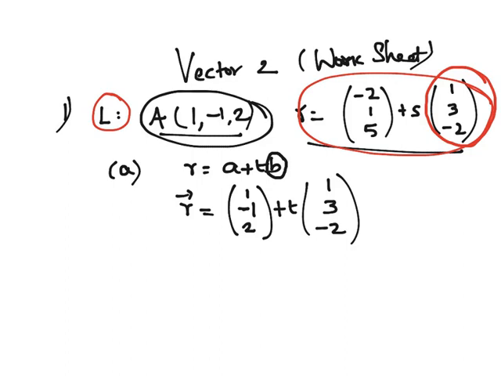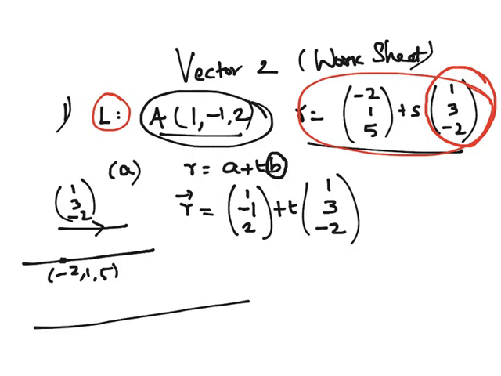To make you understand, let's say this is the given line, minus 2, 1, 5, and it is parallel to the vector 1, 3, minus 2. This is the second line. Now I need the line L, which passes through the point 1, minus 1, 2.